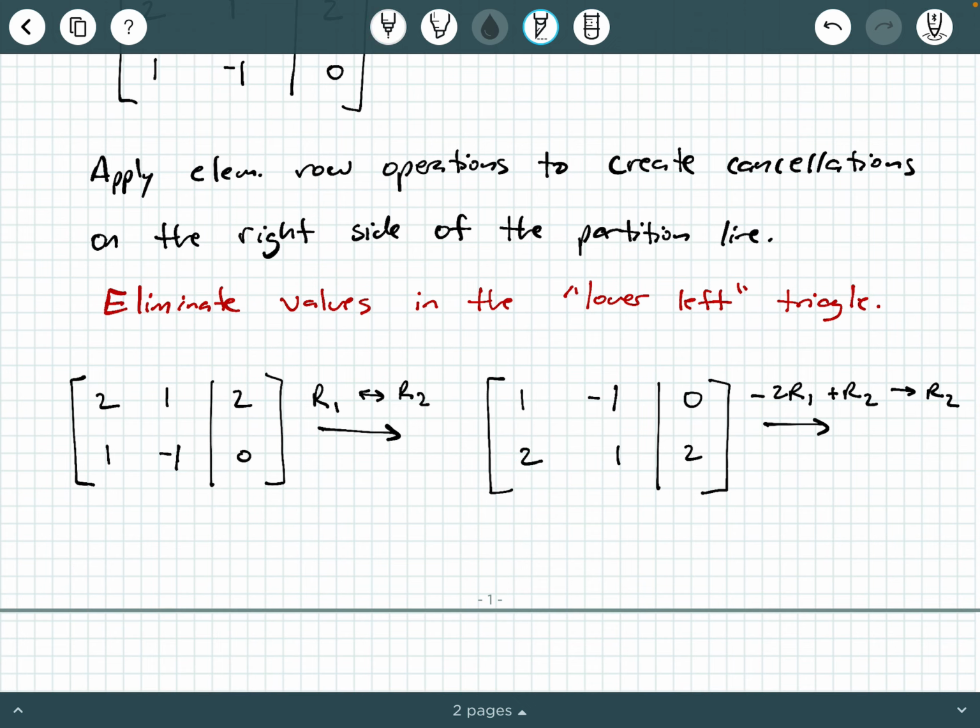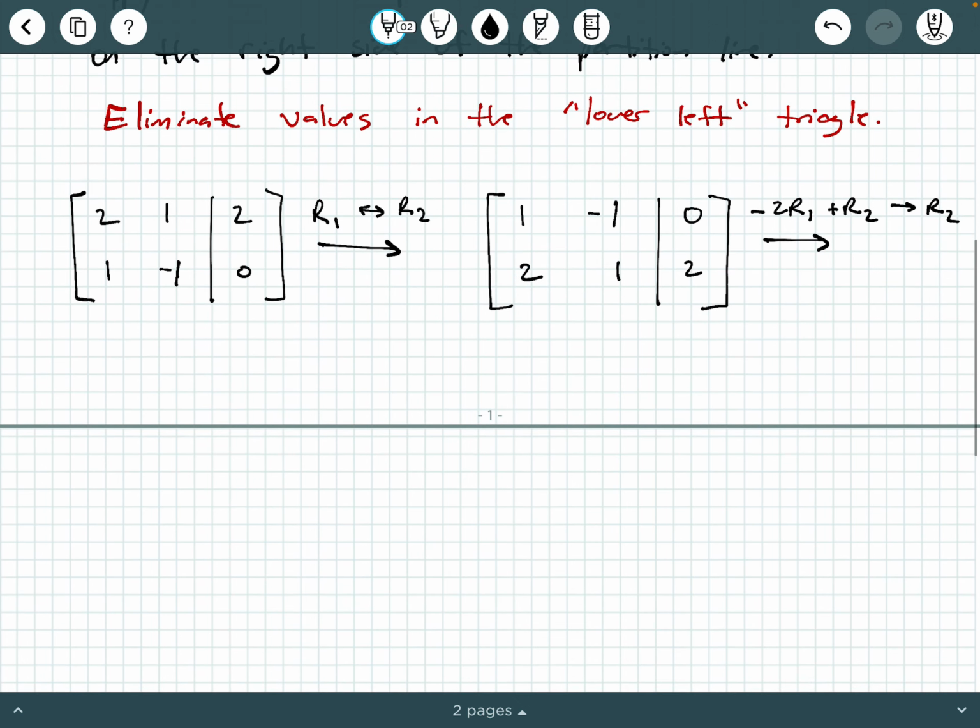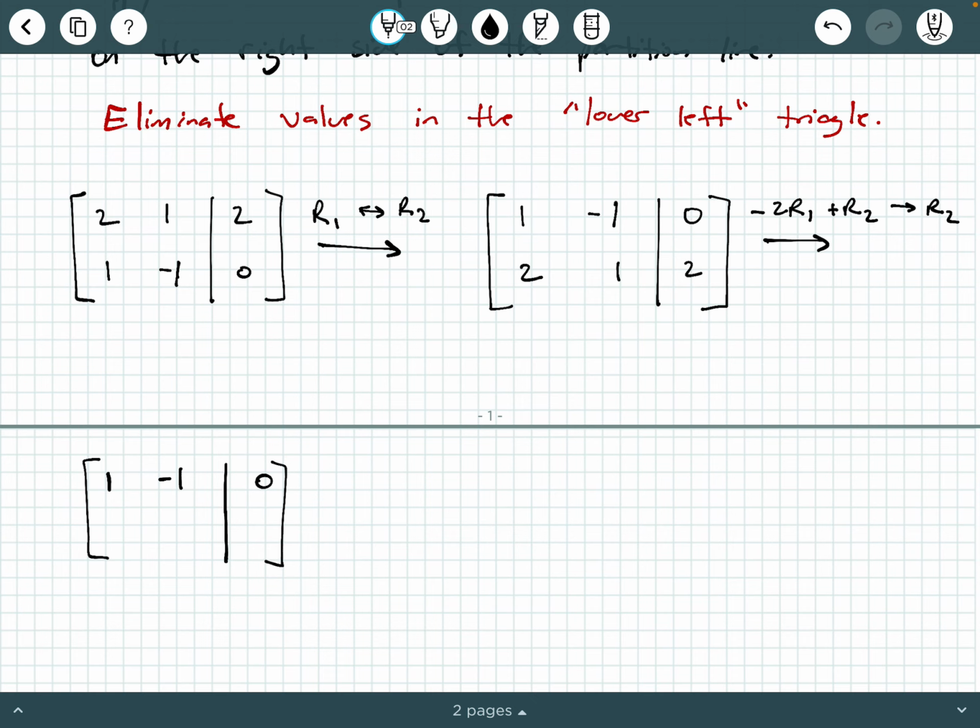So what happens when I perform this elementary row operation? Am I changing row 1? No. Row 1 at this step remains as it is. I'm using row 1 to change row 2.